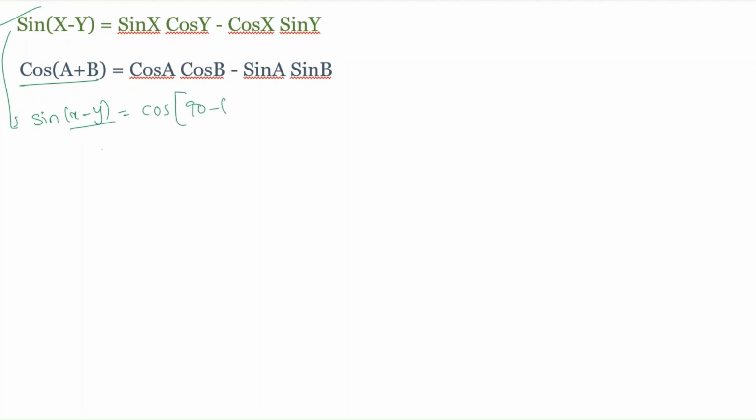So we'll write cos of 90 minus x minus y. Take the minus inside: cos of 90 minus x, minus into minus is plus y. From this, 90 minus x will be considered as A and y will be considered as B, and keep the values in the formula for cos of A plus B.